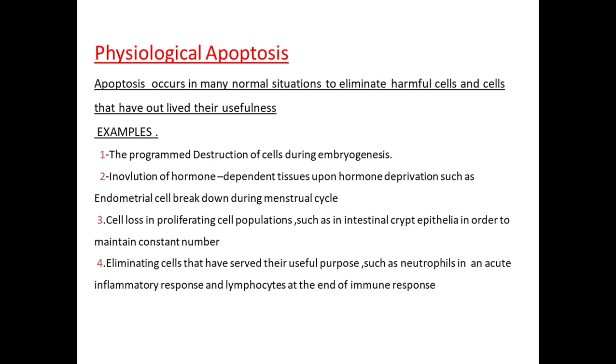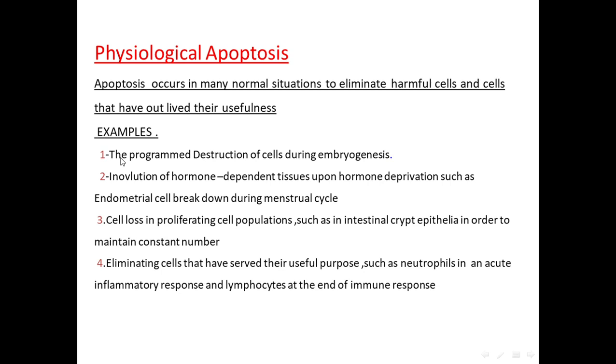We have a physiological apoptosis, or as we said, mainly apoptosis is physiological. Apoptosis occurs in many normal situations to eliminate harmful cells and cells that have outlived their usefulness.